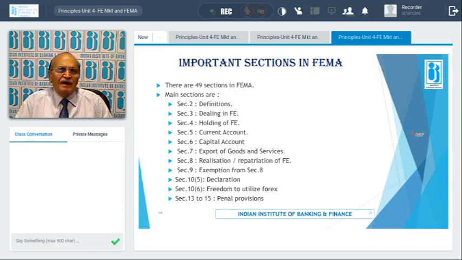Section 5 deals with current account transactions and the things which are included in current account transactions. Section 6 deals with capital account. Section 7, export of goods and services. Section 8 deals with realization and repatriation of foreign exchange. Section 9 deals with exemption from Section 8.